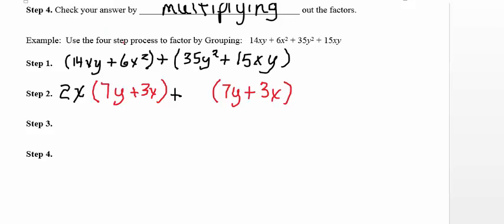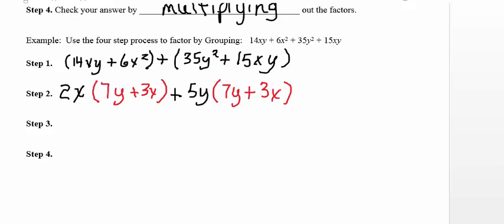It may be that this isn't going to work for this problem, but if it does, the GCF that I put in this position will also multiply by 7y plus 3x. So 7y needs to multiply by 5y to get 35y squared. And then we check, is 5y times 3x 15xy? And we see that it is.